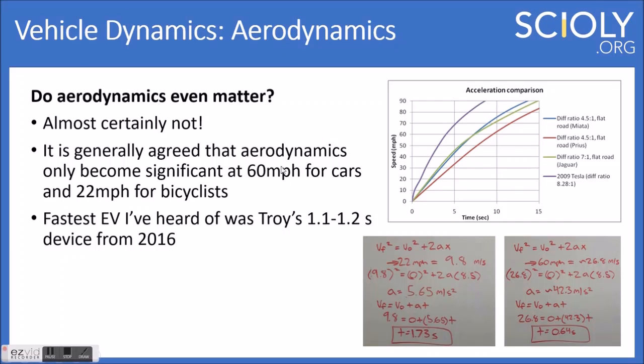To compare to that, Troy's EV is one of the fastest times I've ever heard of. It was between 1.1 and 1.2 seconds. So you can see how aerodynamics might have played a pretty pivotal role. If they were to play around with that, they might have been able to see more pronounced changes, perhaps even with their braking and acceleration.